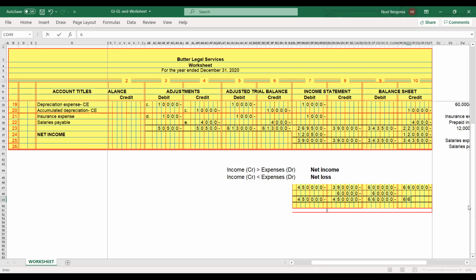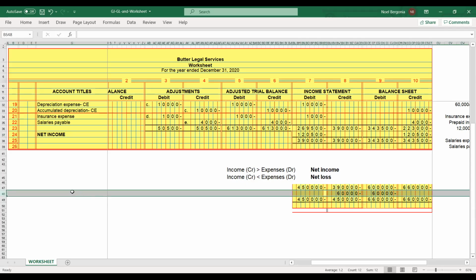So what will happen, class, if there would be a net loss just like this, kasi sa income statement mas malaki yung debit side kesa sa credit side. Okay, so ang mangyari, makikita ninyo magkatabi yung difference. Kanina magkahiwalay, 120,500 on the debit ng income statement, sa balance sheet credit side. Pag dito naman, net loss, huwag mong kalimutan, ha.